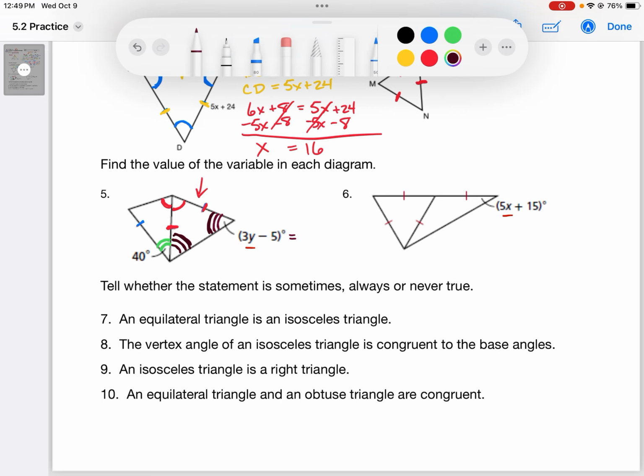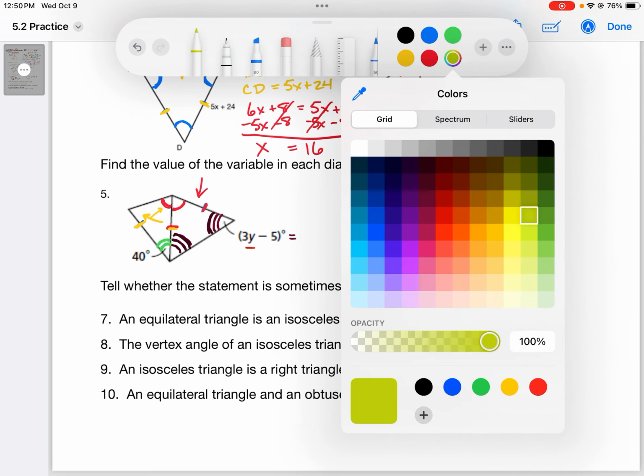Those 2 angles equal each other. And on the other triangle, I'm going to use a different color here. These 2 sides also have marks, which means the angles opposite that are equal. So that's a big clue right there, okay?